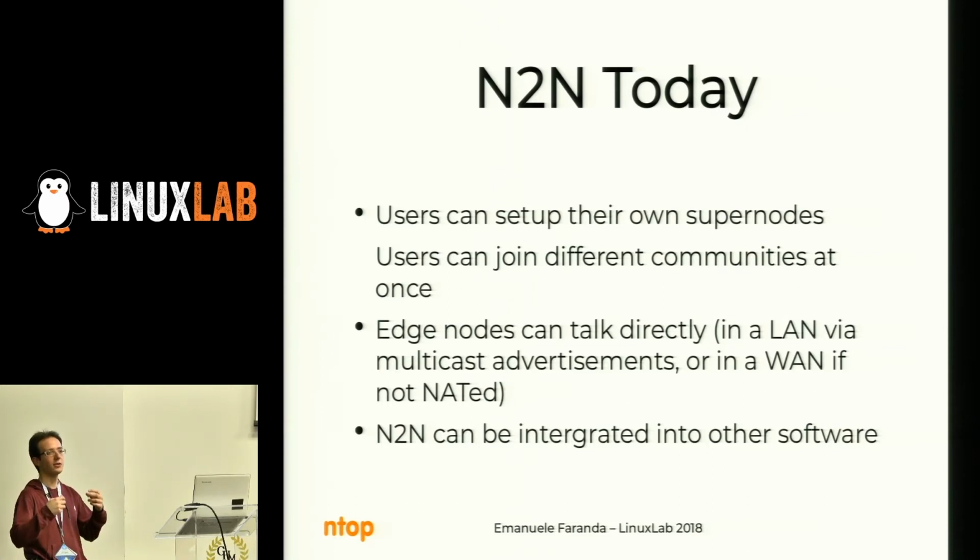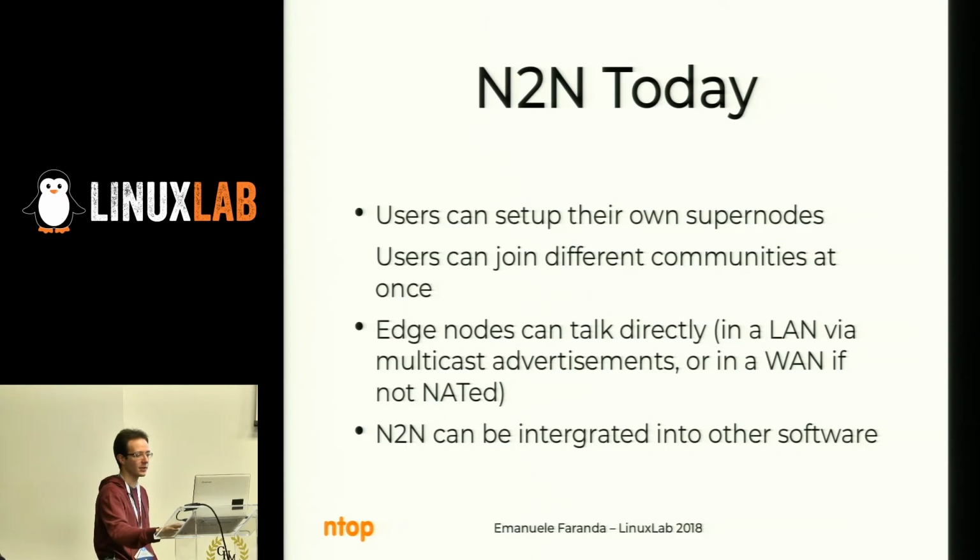This is also possible in one direction. For example, it is possible that a packet from host A to host B goes through the supernode, but the response packet goes directly from B to A. So it depends on the network type.